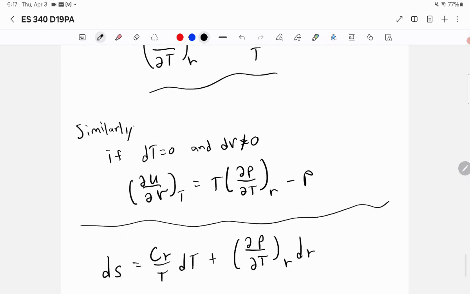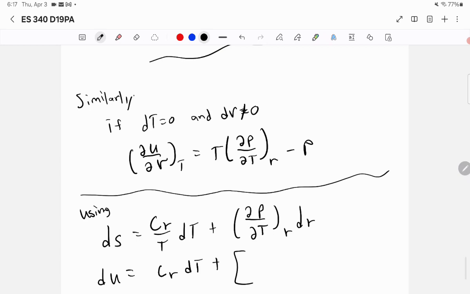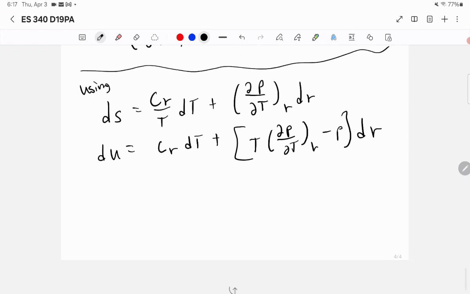So using this and this, which comes from this equation, this part, T, and the Maxwell equations. Okay, so you can actually use the Maxwell equations and things to derive these kinds of things.